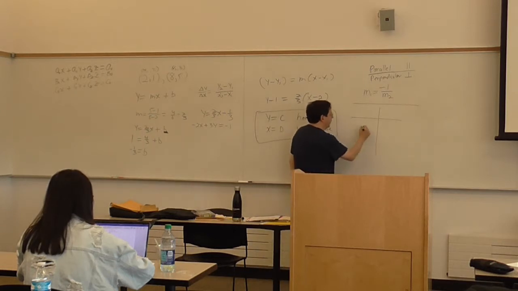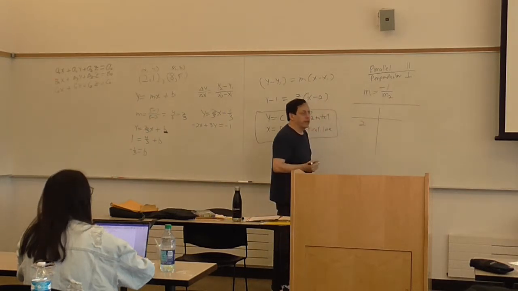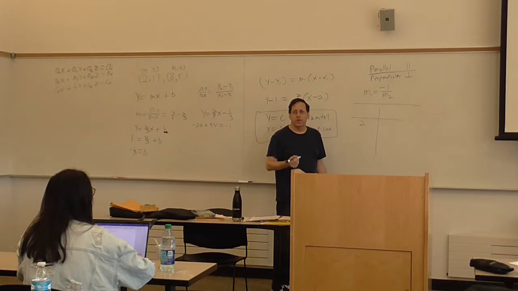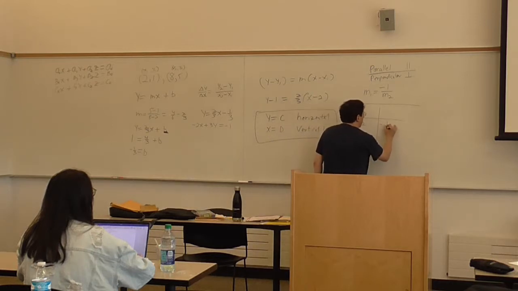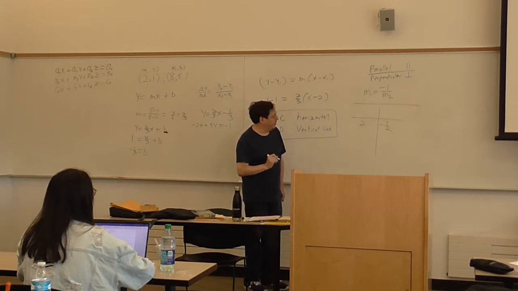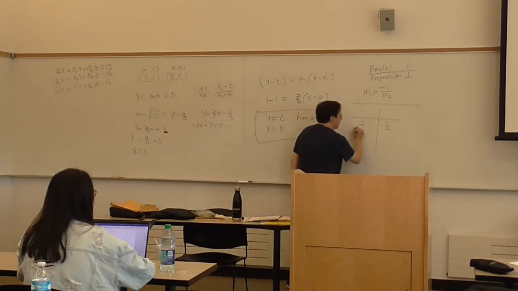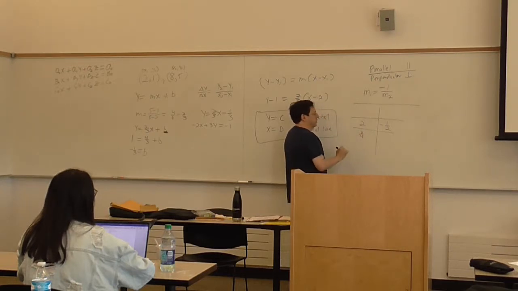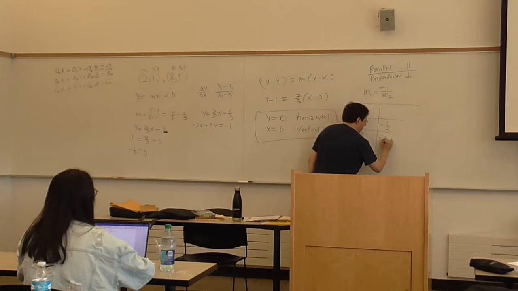All right, let's say 2. The negative reciprocal would be negative 1/2. Okay, that's easy. The reciprocal of, say, 3/4, okay, is negative 4/3.